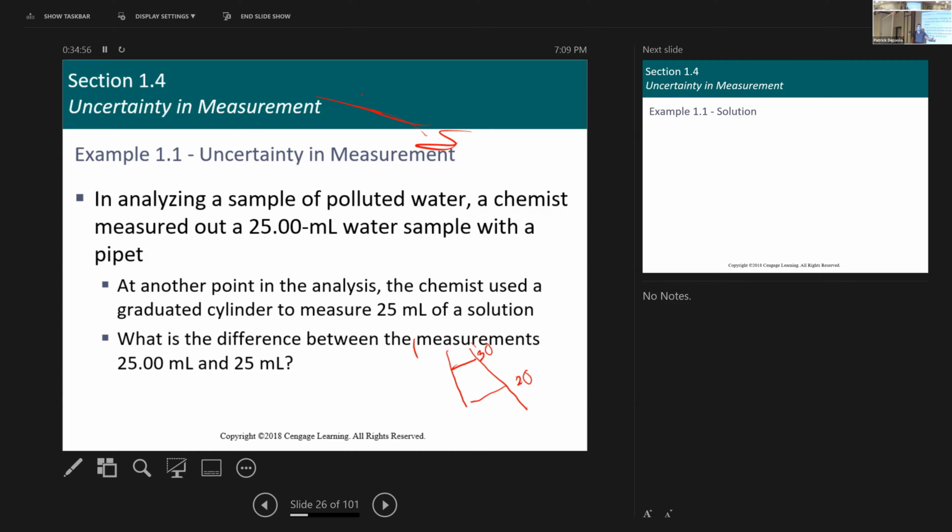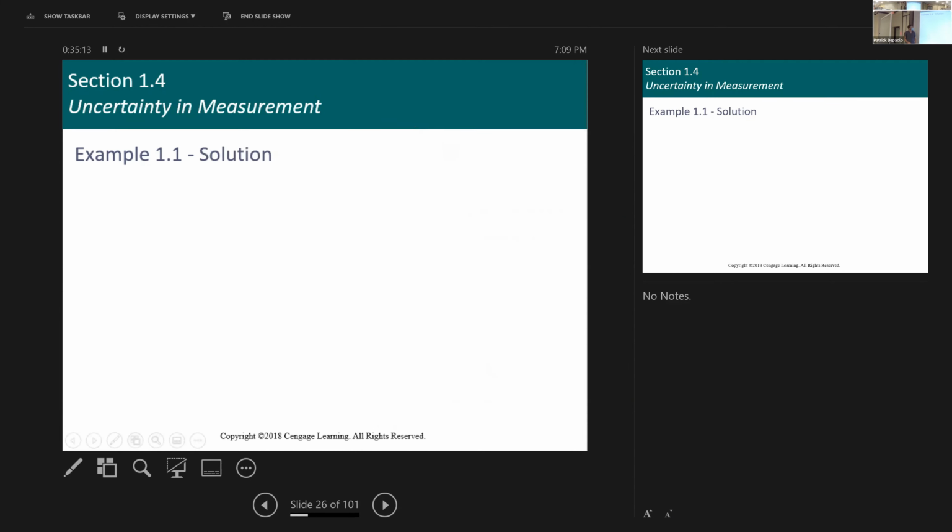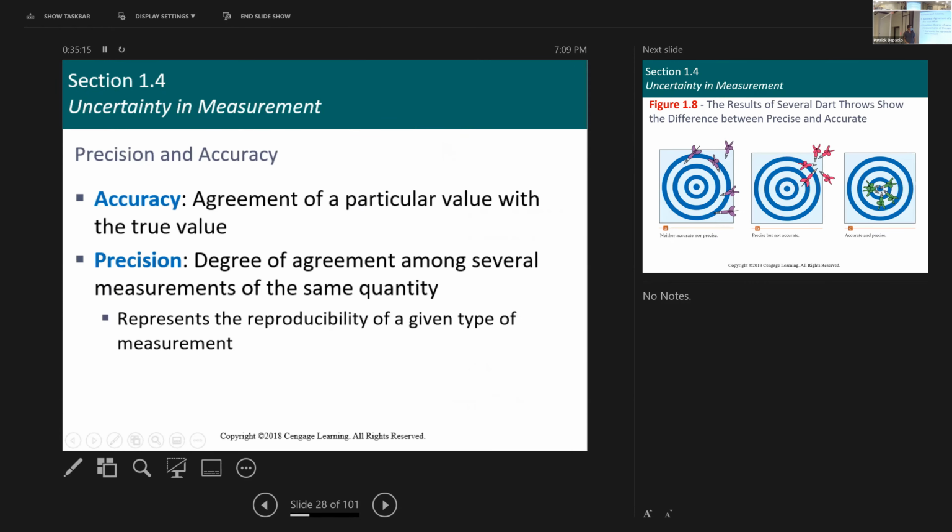And then the one after that is your uncertain digit, which is the 5. So that's what kind of graduated cylinder you're using for 25. A very precise one that goes to the tenth place is what you're using for 25.00. So it's a very big difference. Okay, so yeah, we got it, cool.